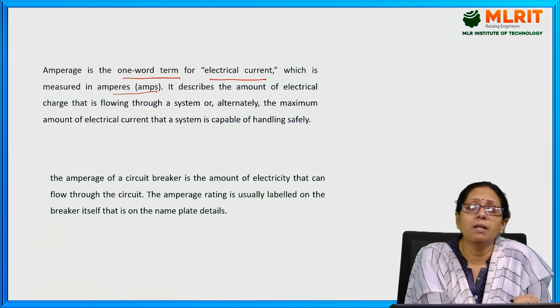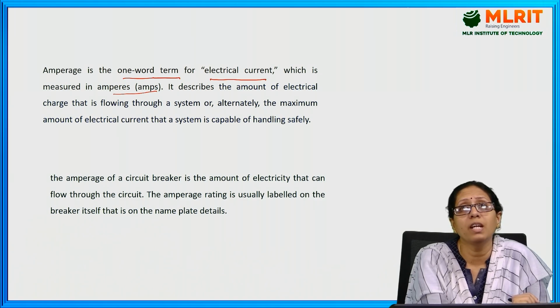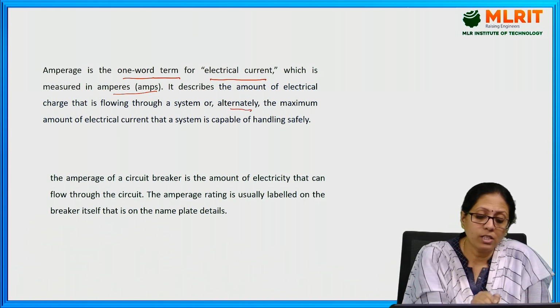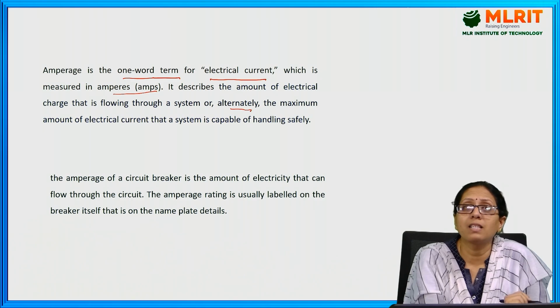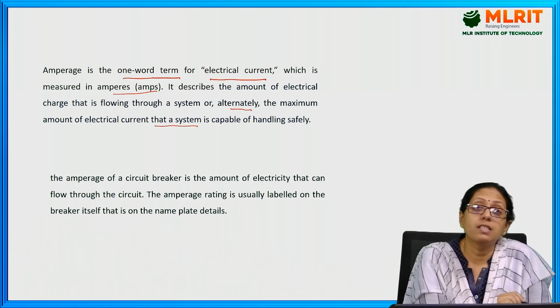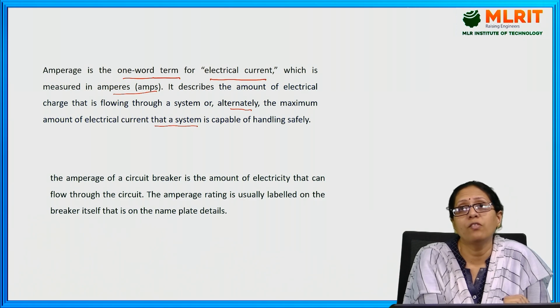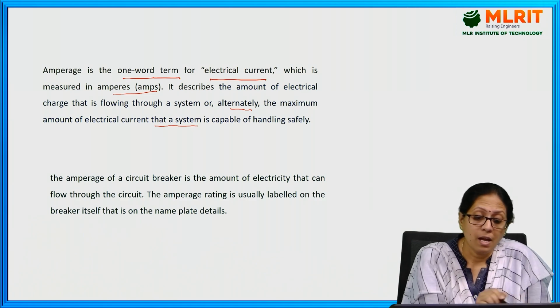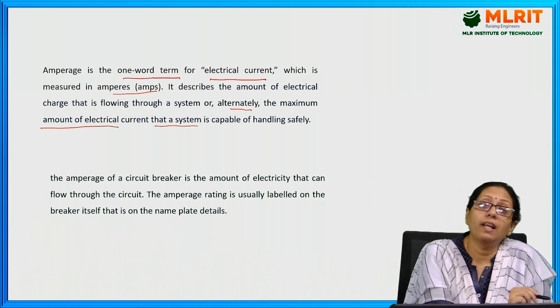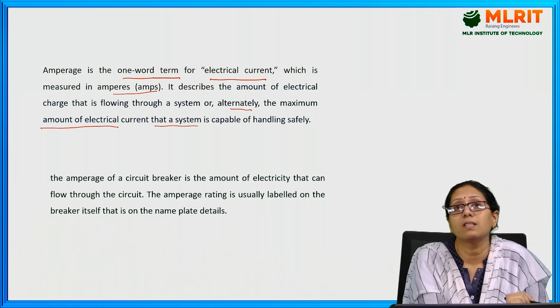It describes the amount of electrical charge that is flowing through a system, or alternatively the maximum amount of electrical current that a system is capable of handling. That is nothing but the amperage, and it can also be called electrical current.